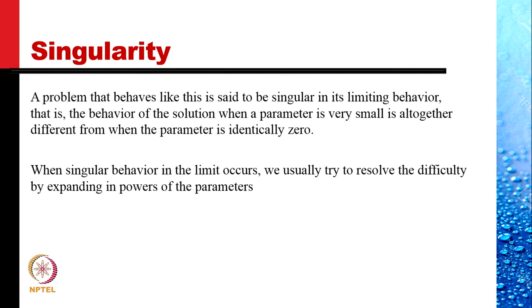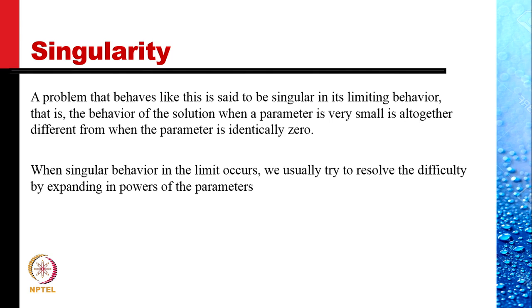A problem like this that behaves like this is said to be singular in its limiting behavior. For example, here for time t star very large, the behavior of the solution when a parameter is very small is altogether different from when the parameter is identically 0. When we dropped this term, the viscous damping was assumed to be 0.